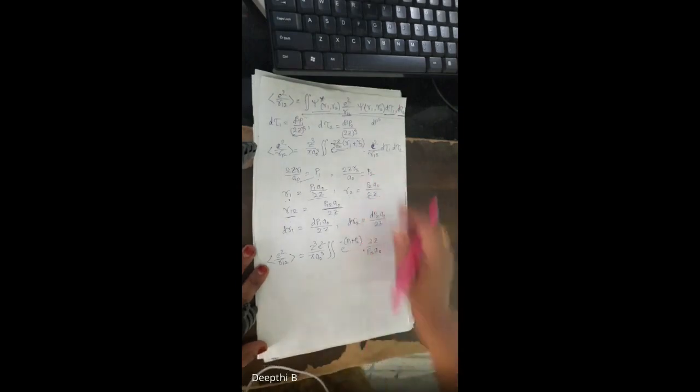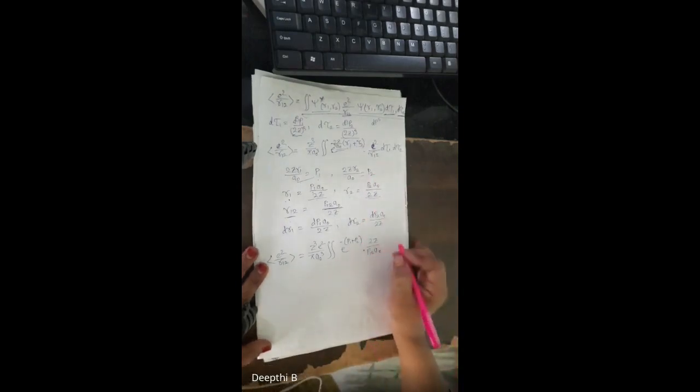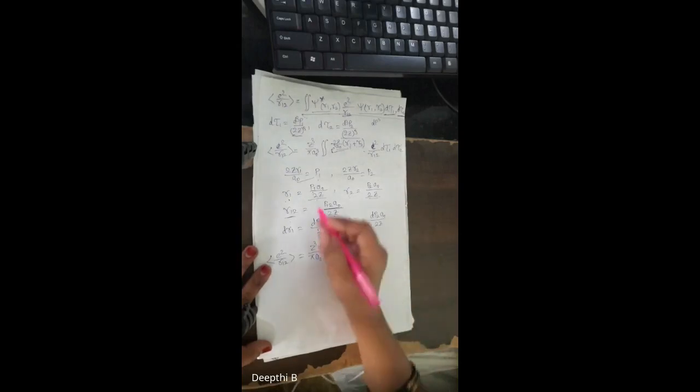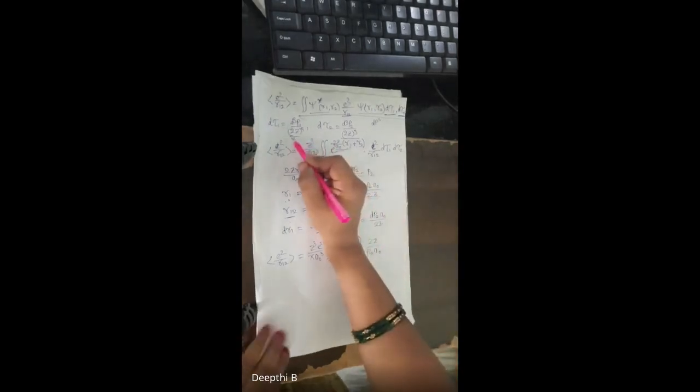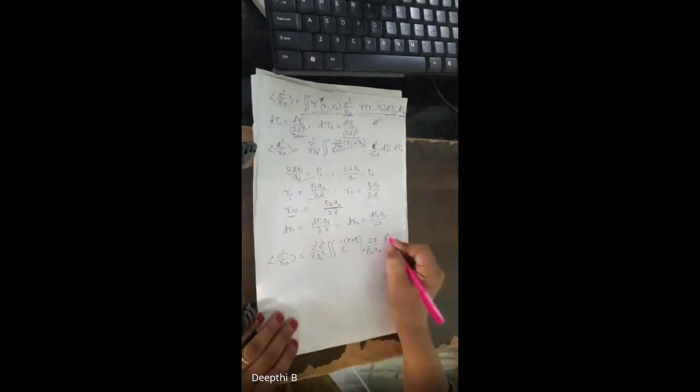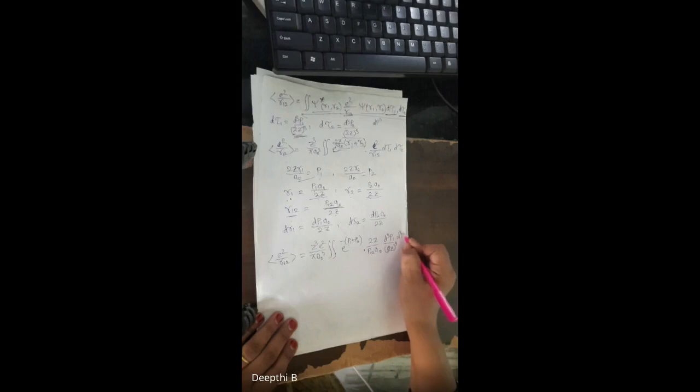Now d tau 1 and d tau 2 are there. So d tau 1 is d cube p1 by 2z cube, d cube p2 by 2z cube.